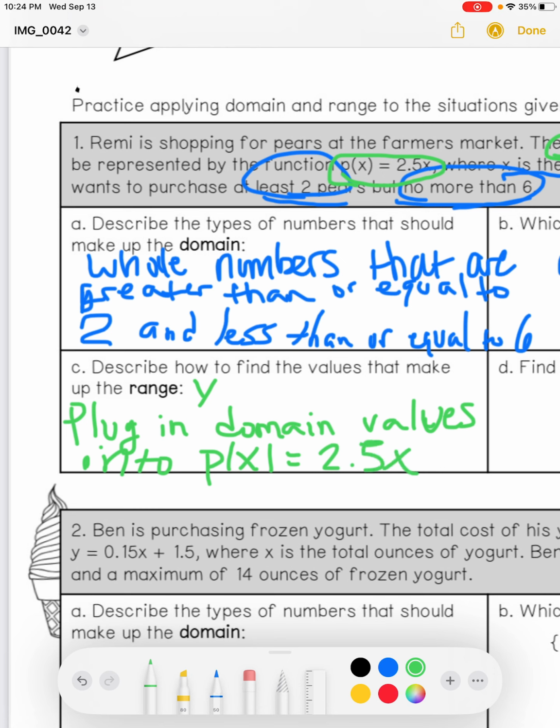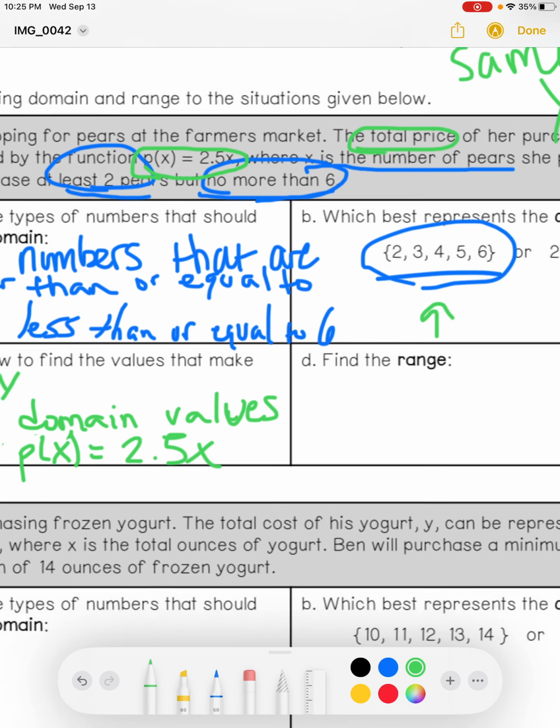Or if it helps you to write the y value, you could also say y equals 2.5x. For me, I'm going to use function notation because if it's written in function notation, that means I can just go to Desmos and have it do all the work for me to get my answers for the range. Because that's the final question.